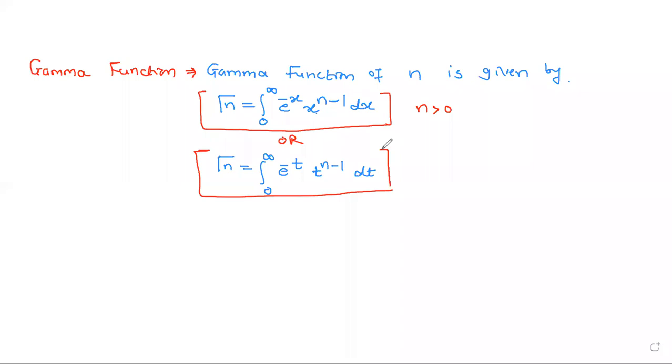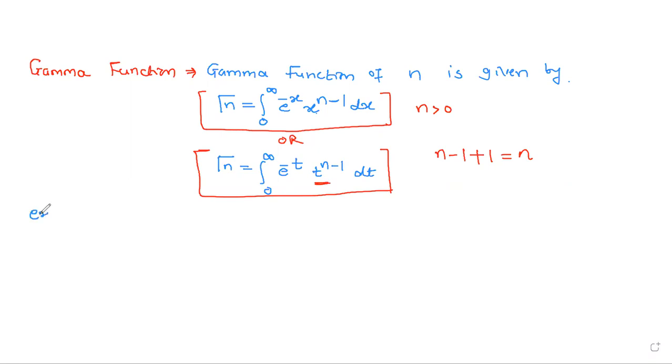Here the gamma number is n and the power of t is n minus 1. If you add plus 1 here, you will get n. That means if we have to write the gamma number, then in the power of t, just add one, and you will get that gamma number.